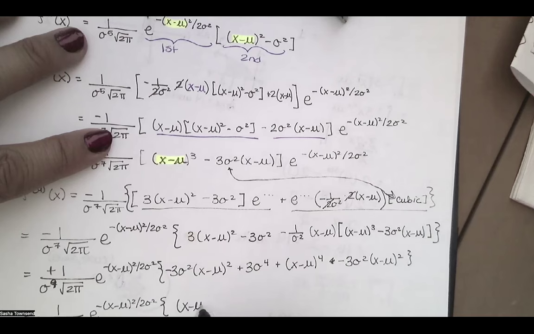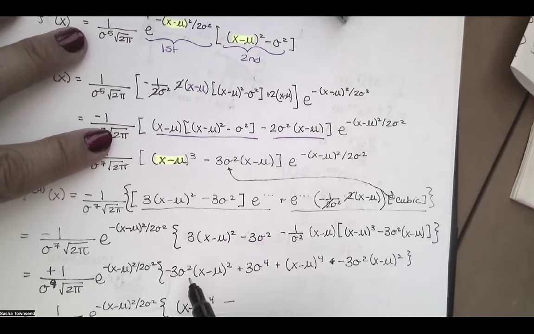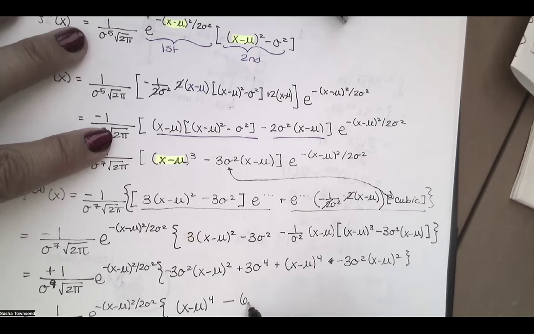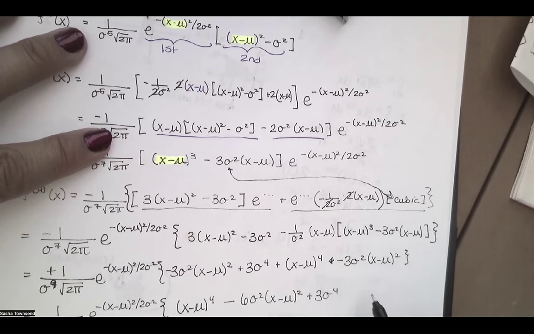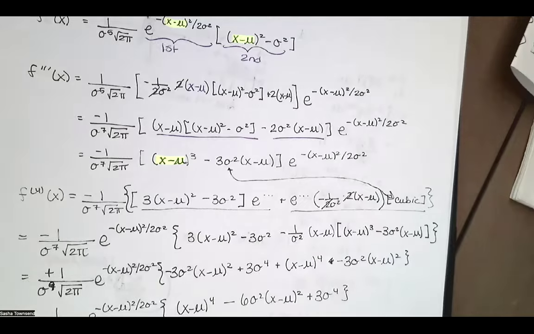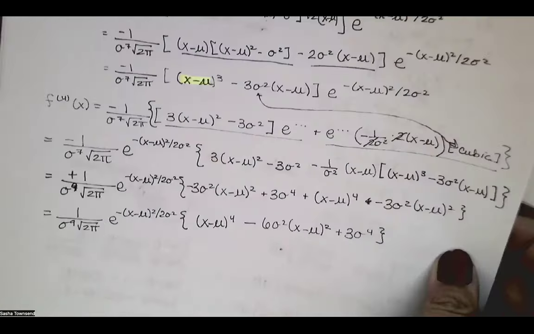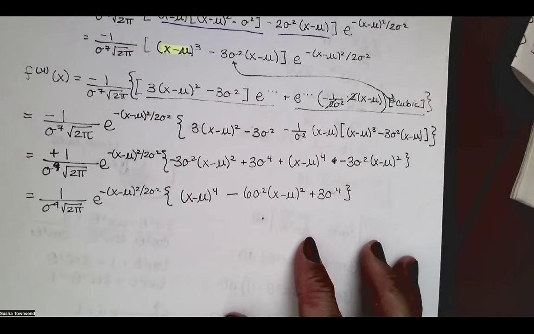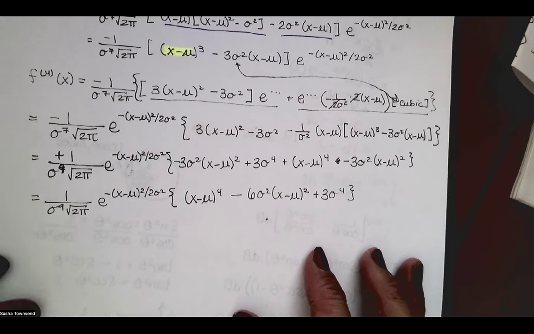I've got x minus mu to the fourth minus, I've got 3 of those there and 3 of those there, so I've got 6 of those. That's my fourth derivative.